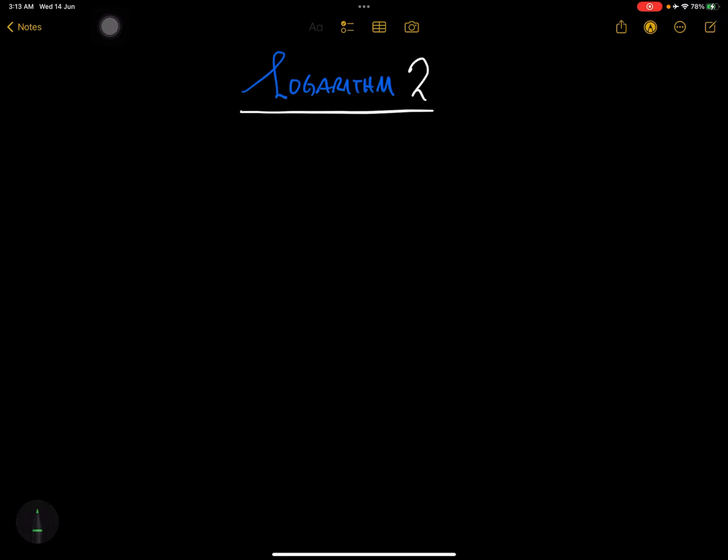But today we are going to continue from where we ended. We started with logarithms and we are still ongoing. We mentioned that logarithm was propounded by John Napier in 1614.